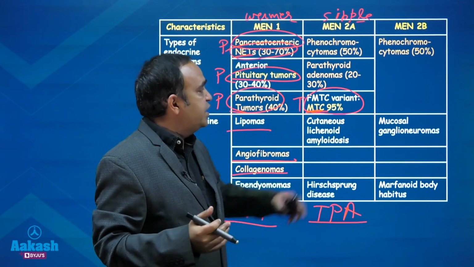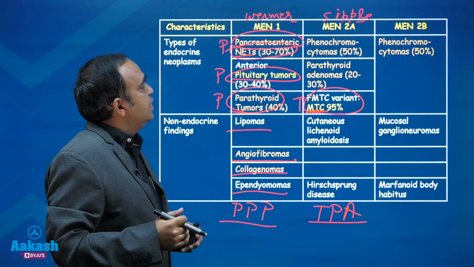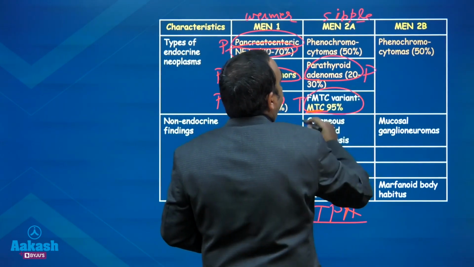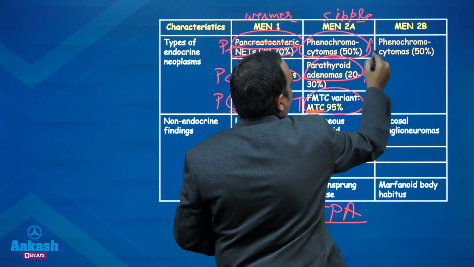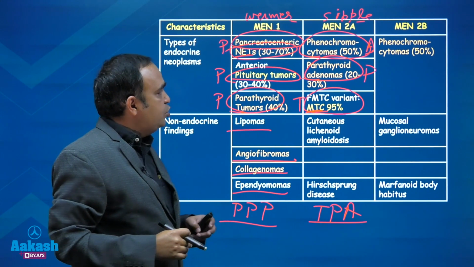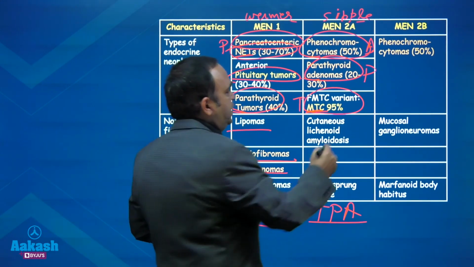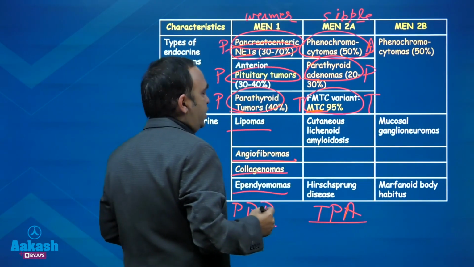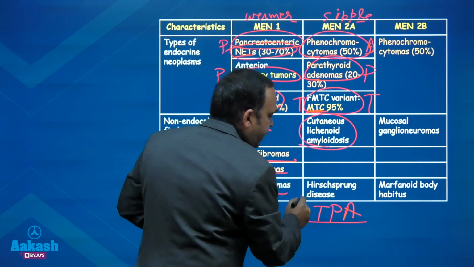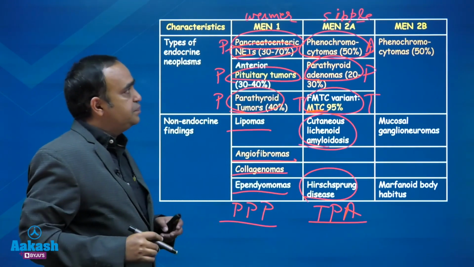You know it, more than 95% chances, right? And then parathyroid, so that's a P. And then pheochromocytoma, adrenal, that is A. So that's the combination in MEN 2A, that is TPA. And the non-endocrine manifestations: amyloidosis and Hirschsprung's disease.